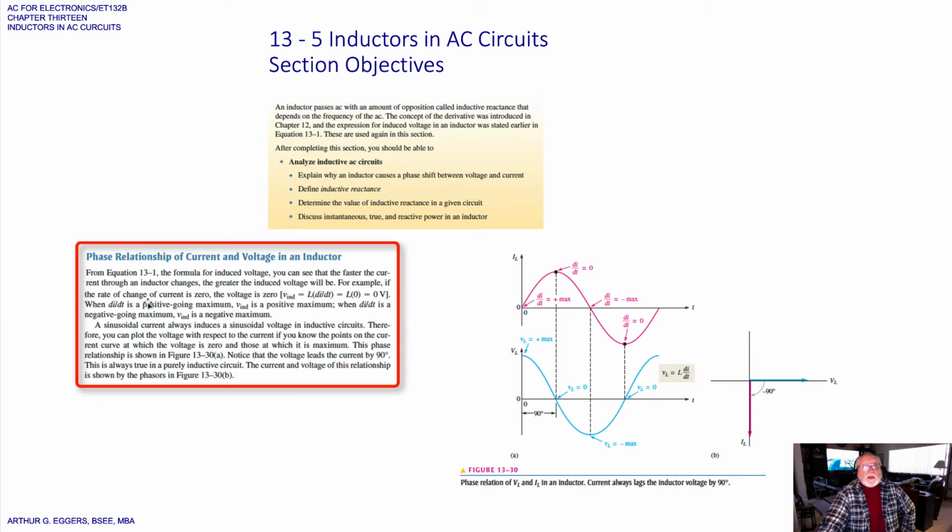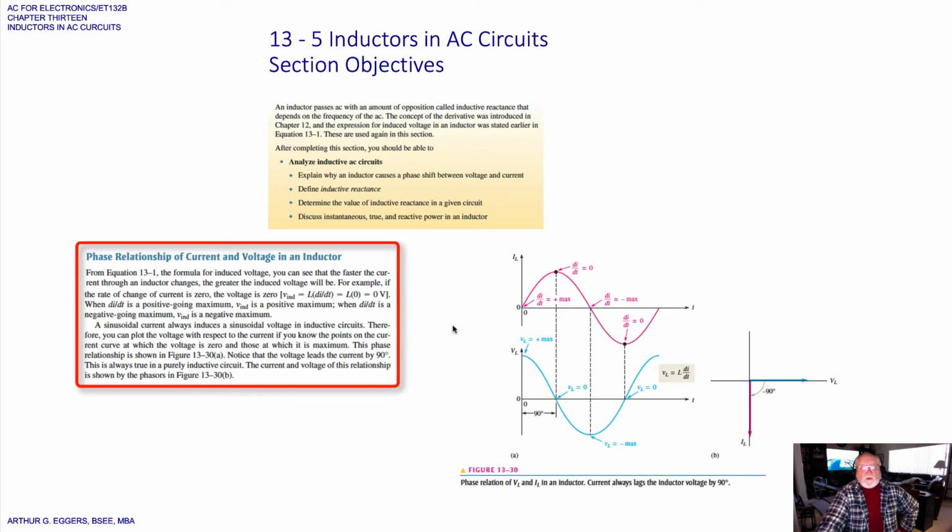For example, if the rate of change of current is 0, the voltage is 0. Again, just applying it mathematically to that relationship. When di by dt is a positive going maximum, the voltage induced is a positive maximum. When di by dt is a negative going maximum, the induced voltage is a negative maximum.